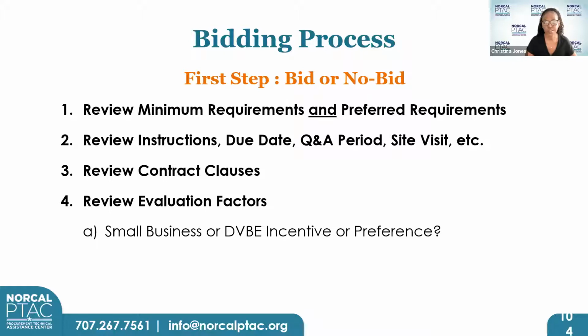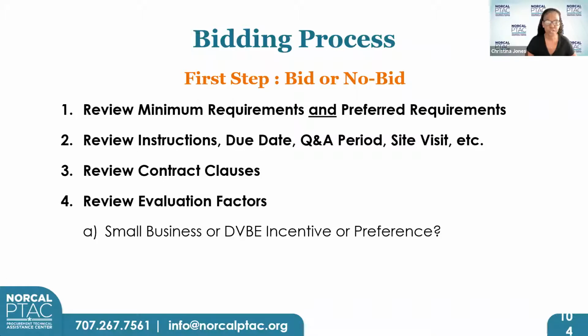So just consider, again, reviewing those instructions to see what is required, and then also looking at how that scope relates to the final evaluation factors. If they're going to evaluate you very highly in a particular area where you know that you're just barely meeting, maybe it's not a good use of your time.